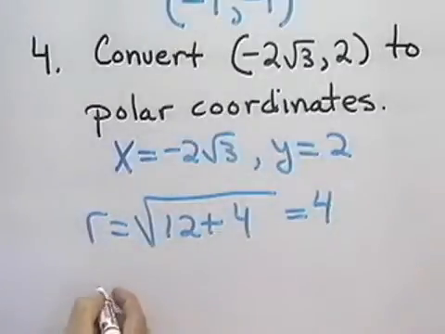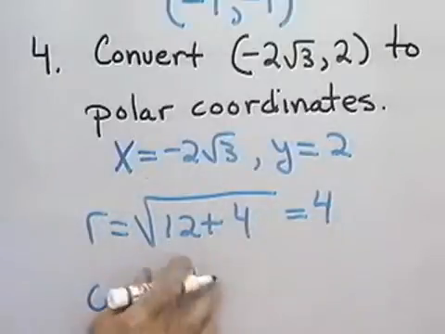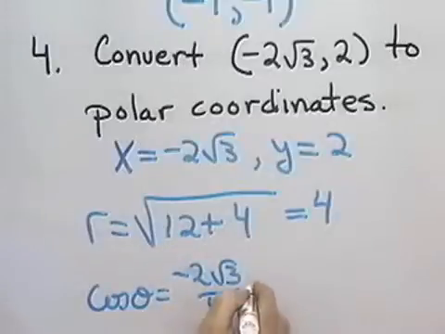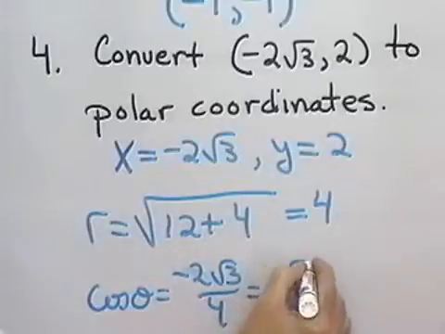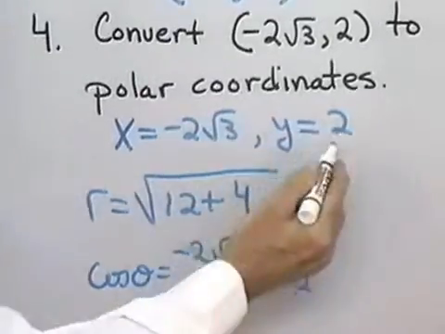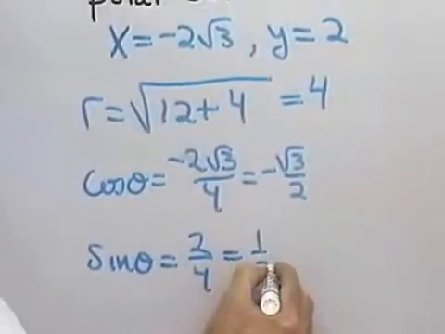To find theta, I'll note that cosine theta is equal to x divided by r, so negative 2 square root 3 over 4, which is going to be negative square root 3 over 2. And sine theta is equal to y divided by r, so 2 over 4, which is equal to 1/2.